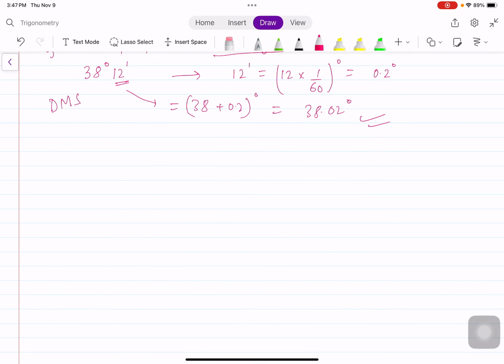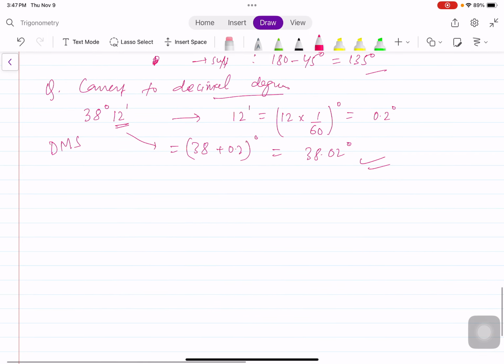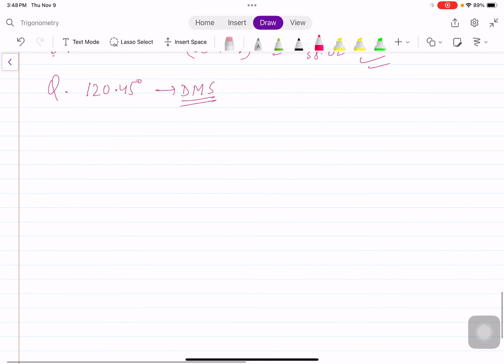Now let's convert the other way. Let's say we have an angle 120.45 degrees, and we want it in the DMS system, in terms of degrees, minutes and seconds. How to do that? Since 120.45 is in degrees, 120 is a whole degree, so first I split it, leaving 0.45 degree.